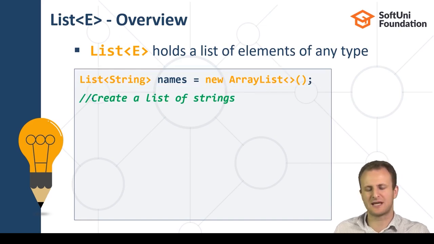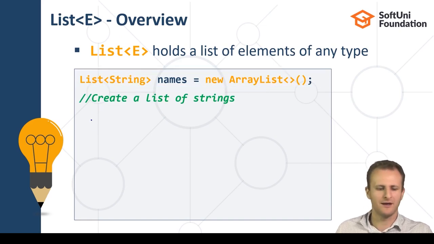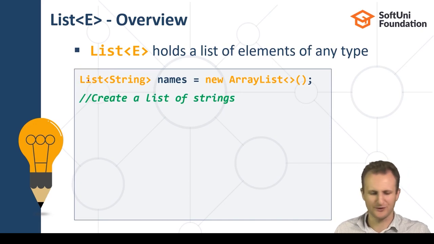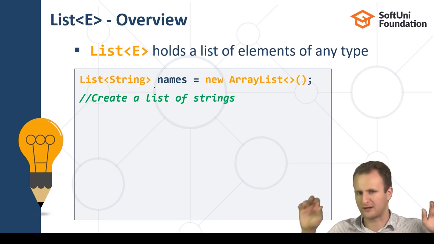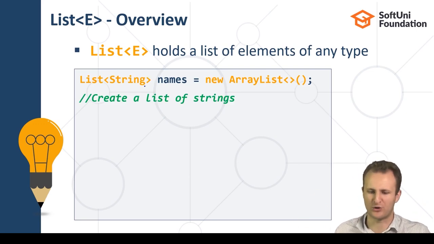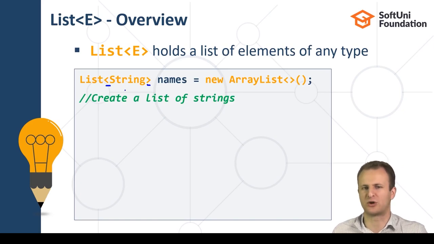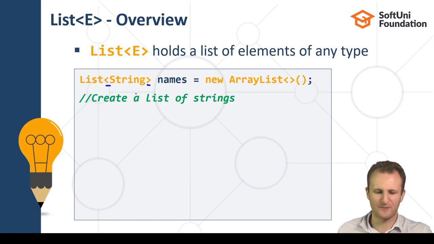It's pretty much the same as what we have for arrays, with the exception that you don't begin with the type. You just say List, which is the data structure, and then in these less-than and greater-than brackets, and we will begin calling them brackets even though they're mathematical signs. In programming, these are called template brackets or generic brackets.